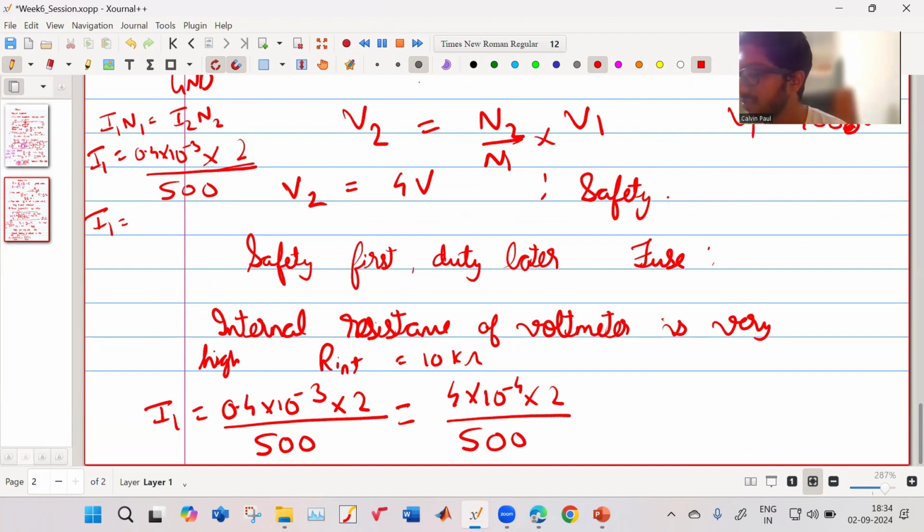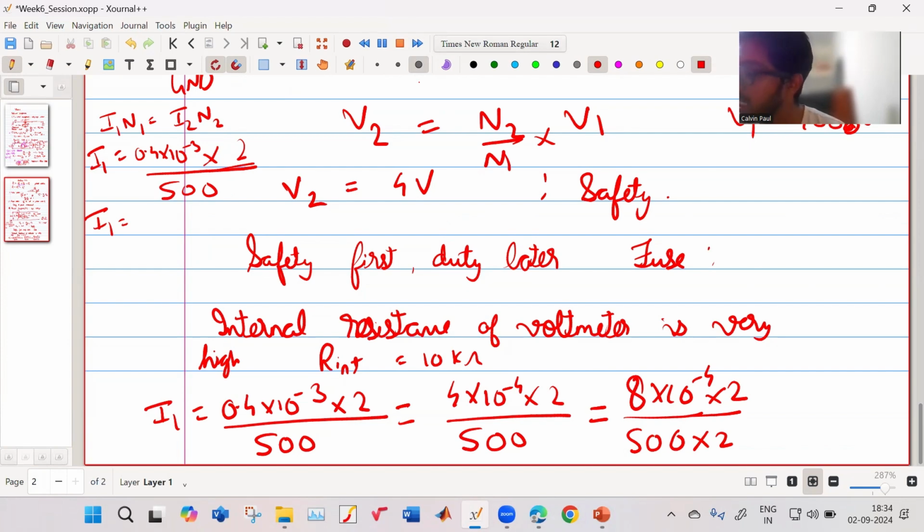I'll just show how to do it in an easier way. 4 into 2 is how much? 8. So you write it as 8 into 10 to the power minus 4 upon 500. Now I want to make it easy, so I multiply the numerator by 2 and the denominator by 2 as well.